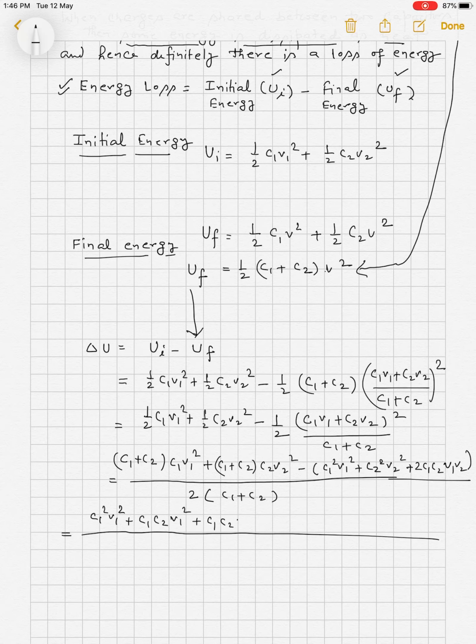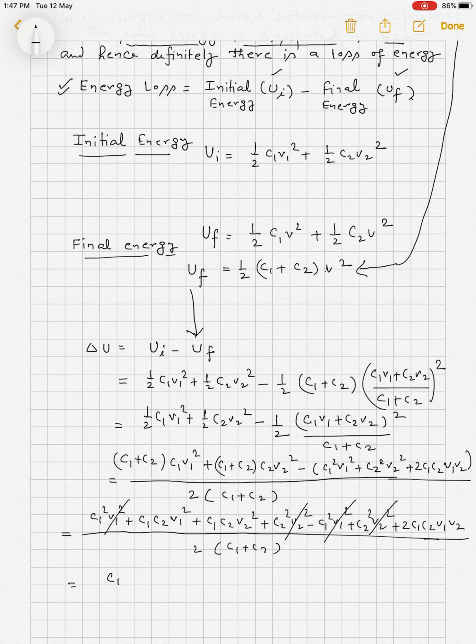Similarly here C1 C2 V2 square plus C2 square V2 square minus C1 square V1 square plus C2 square V2 square plus 2 C1 C2 V1 V2, and here in the denominator 2 (C1 plus C2). So this C1 square V1 square is cancelled out by this. Similarly C2 square V2 square is cancelled out.